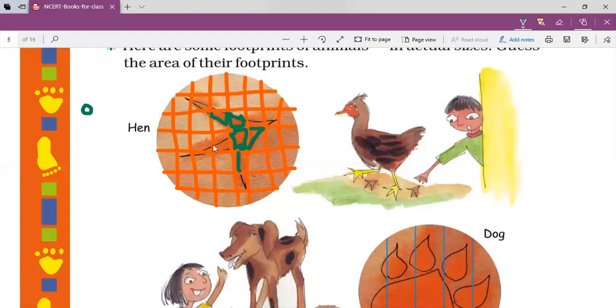This is also a half filled square. So how many half filled squares did we get? This is also a half filled square.